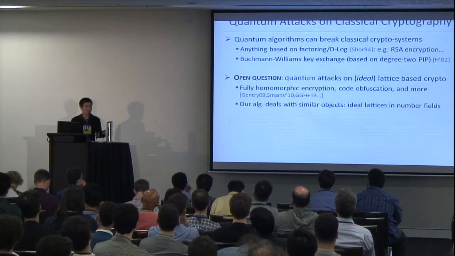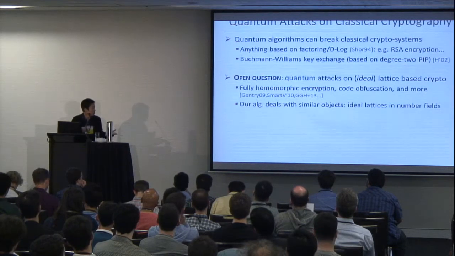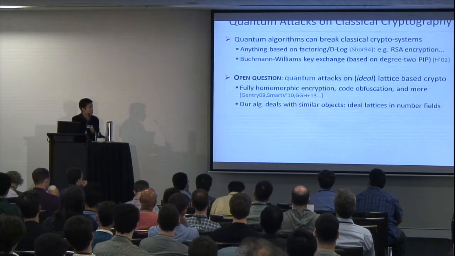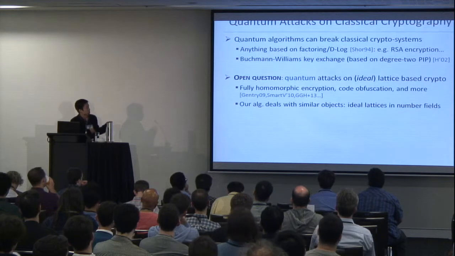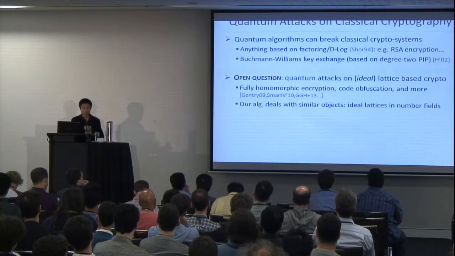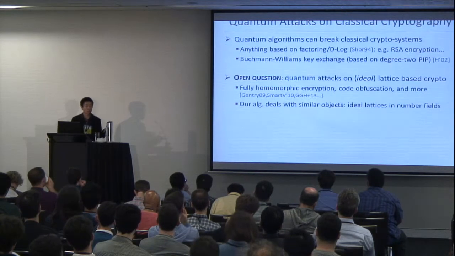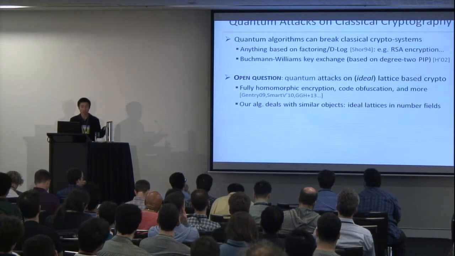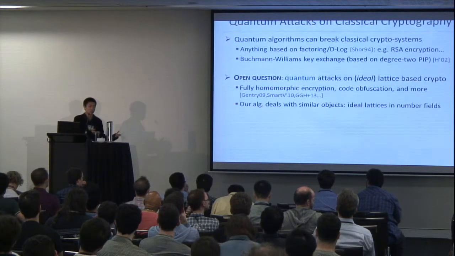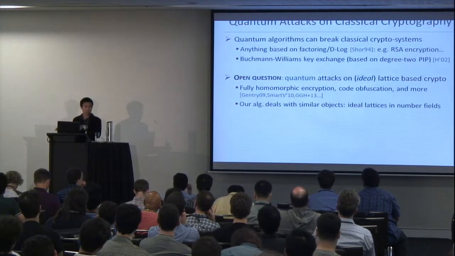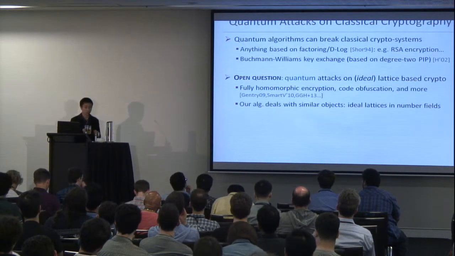Right now, the answer is I don't know. But our algorithm deals with similar objects, which are ideal lattices in high degree number fields. So at least it urges us to study more about these ideal lattice problems, either to break them or to gain more evidence about their hardness against quantum algorithms.